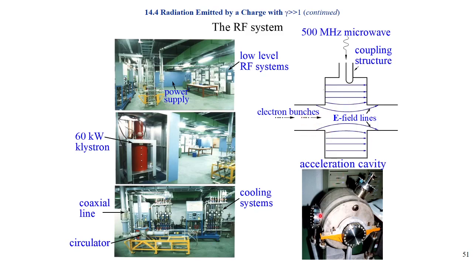This cavity is the old cavity called the Doris cavity. Right now, they use another cavity, superconducting cavities. In the old days they used a 60 kilowatt klystron, which is an electron beam device that can generate 500 megahertz microwave.